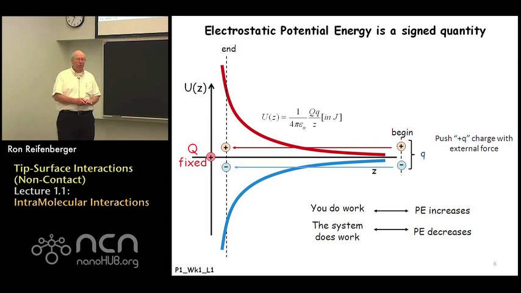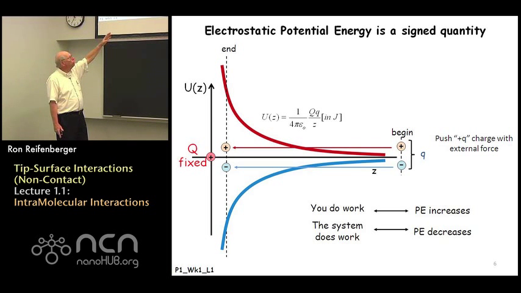Now, it's important for you to remember that this quantity U is a signed quantity. The sign of U, whether it's positive or negative, depends on the polarity of the charges involved in the discussion. I try to make this case explicit in this particular diagram, where I show a charge capital Q, which is fixed at the origin of some coordinate system.